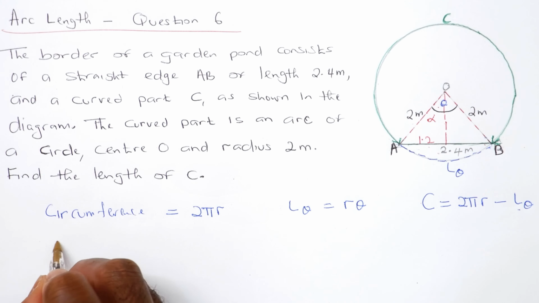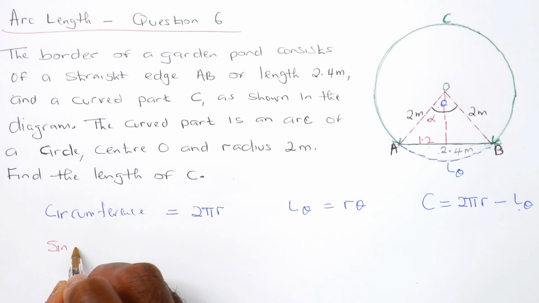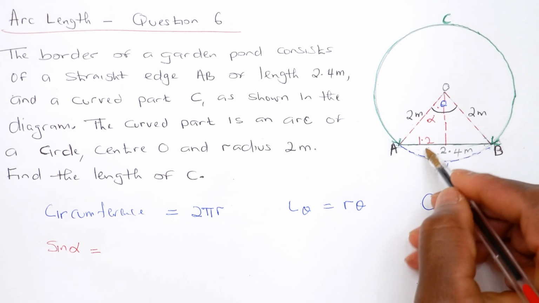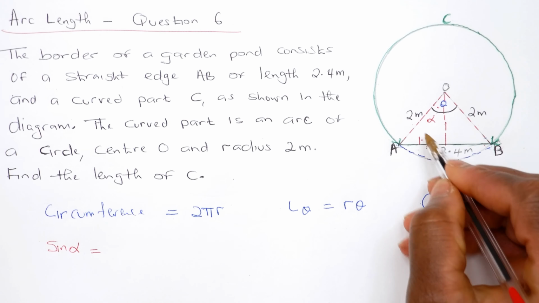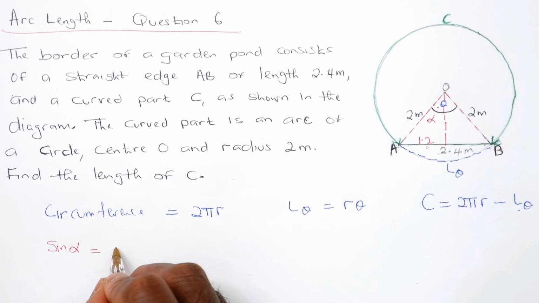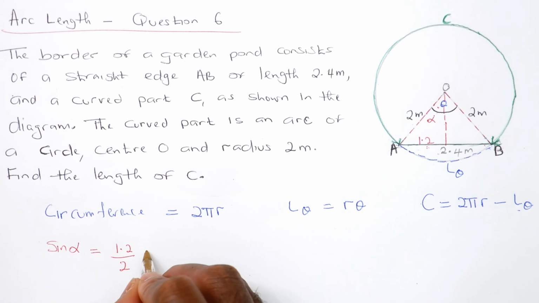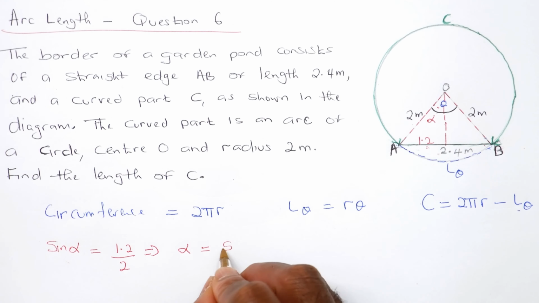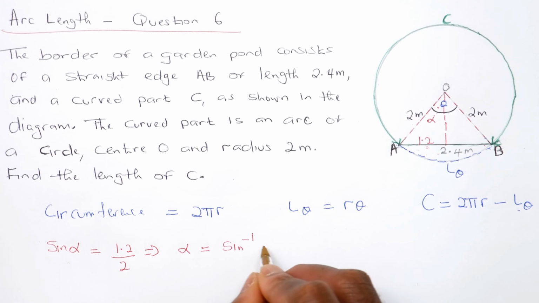So sine of alpha will be equal to the opposite over the hypotenuse, so that will be 1.2 divided by 2, which implies that alpha will be equal to sine to the power minus 1 of 1.2 over 2.